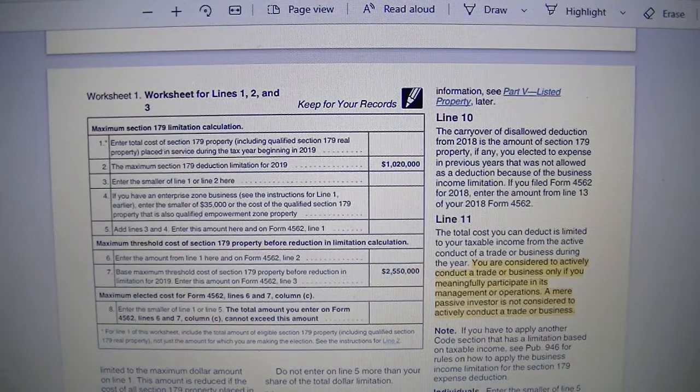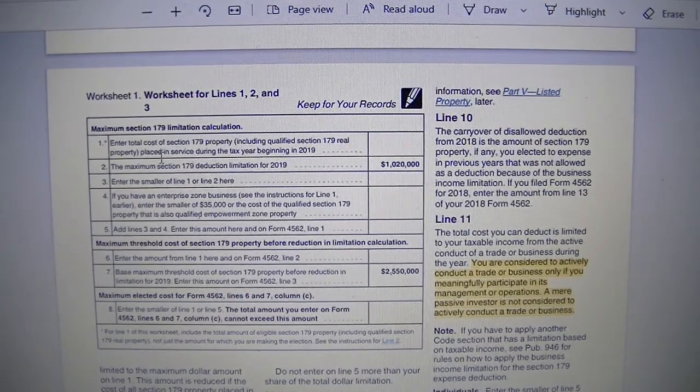And there is a worksheet on page 4 of the instructions to Form 4562 Depreciation and Amortization, and this one is for 2019, but it's good to use the current year if IRS releases it by the time you are working on your depreciation.